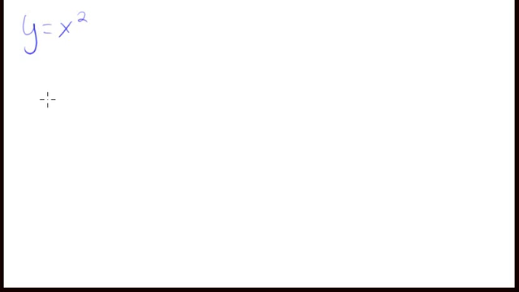So, let's say somewhere in history, somebody was interested in all of the possible numbers that could solve this equation, right? You could put in a 2 and you would square it, you get out a 4. You could put in a 3, square it, you get a 9.